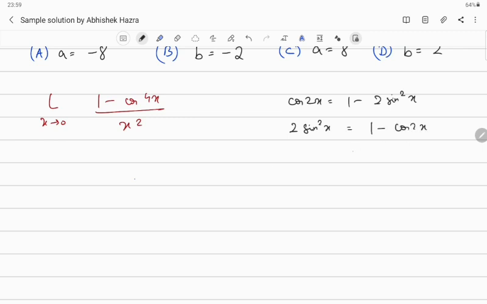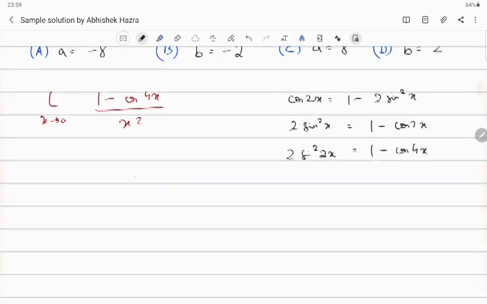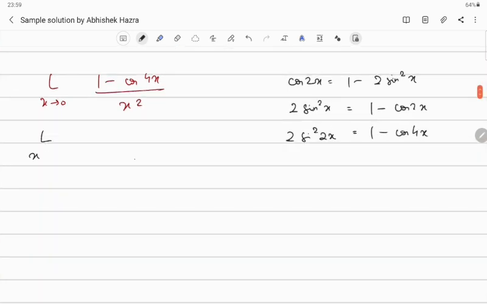If this 1 minus cos 2x becomes cos 4x, this 2 sin square x will become sin square 2x. So in place of 1 minus cos 4x, I will simply write 2 sin square 2x, but I will write it as sin 2x into sin 2x. Why? So that I can do this operation.